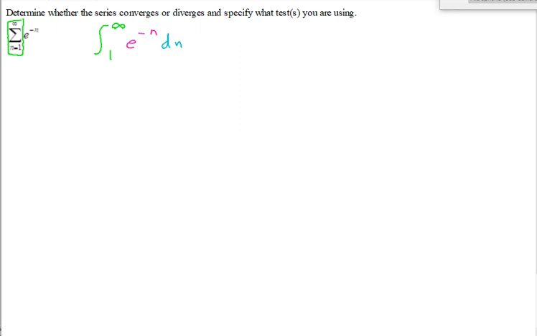So this one we can integrate. Normally you'd set u equal to negative n, but you can use the u substitution shortcut since the derivative is just negative one. When you integrate, remember e stays the same. By using the u substitution shortcut, since the derivative is -1, you would divide by that derivative, -1. And then it's evaluated from 1 to infinity.